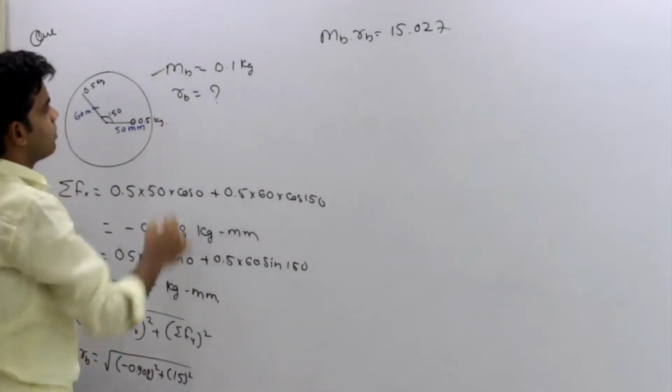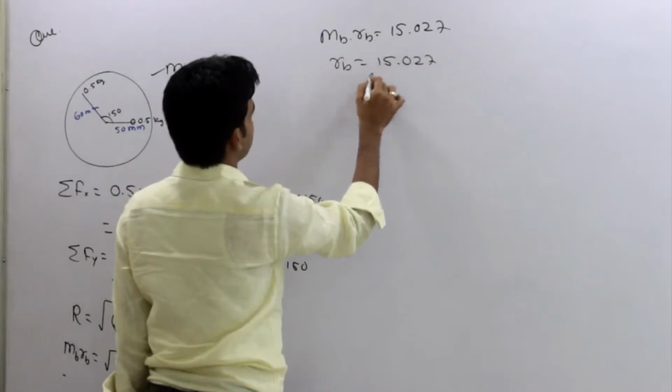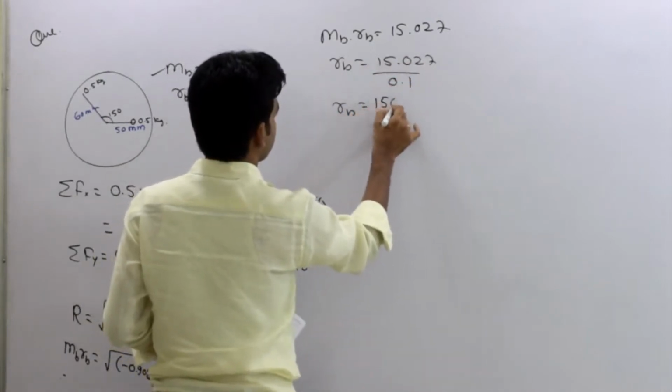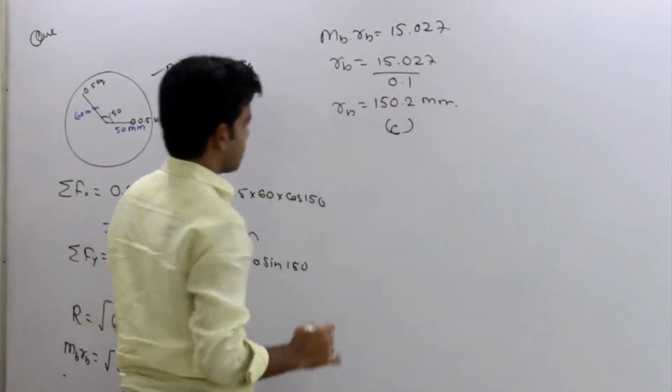We have the value of MB, so RB will be equal to 15.027 divided by MB, which is 0.1. So this RB is equal to 150.2 mm. So the answer should be C, which is given as 150 mm.